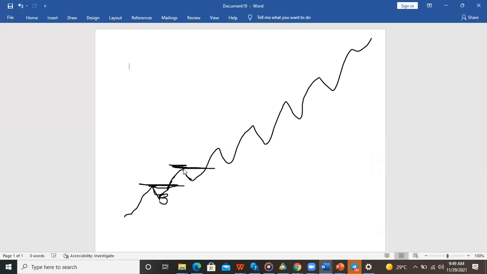This is where the sellers have stopped the buyers. Once they are bringing the market down, this is where they also feel that no, this is where we need to go back and then overcome the sellers. So they take the market from here and then break through this resistance.